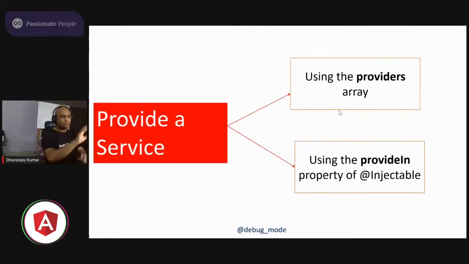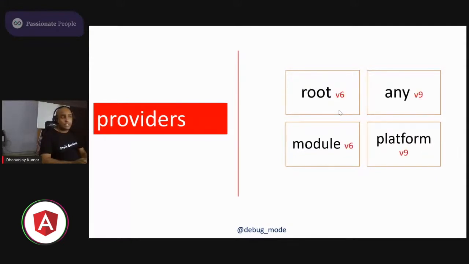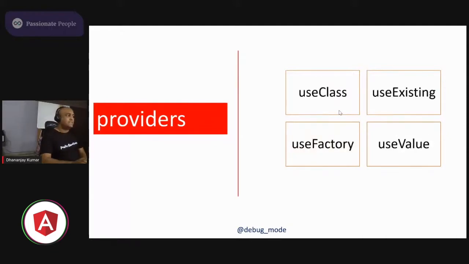And we are going to focus mainly on the providedIn property of Injectable today. There are four values for providedIn: root, any, module, and platform. And we'll cover root and any in the code. Root was part of Angular v6, and any, module, and platform became part of version 9. And there are four types of providers: useClass, useExisting, useFactory, and useValue.